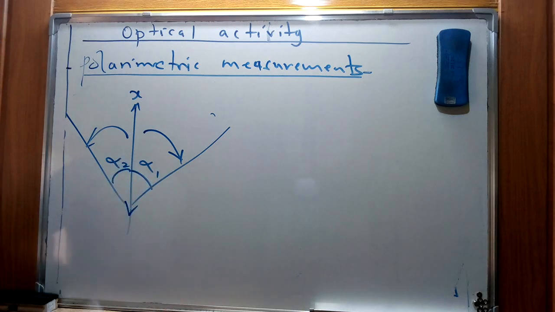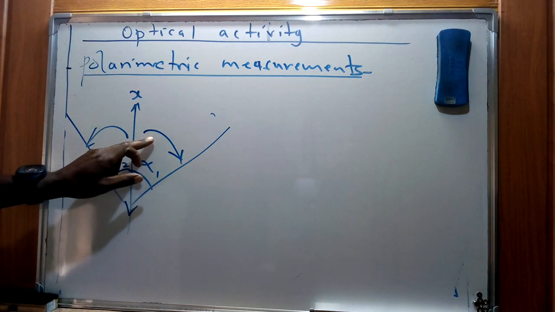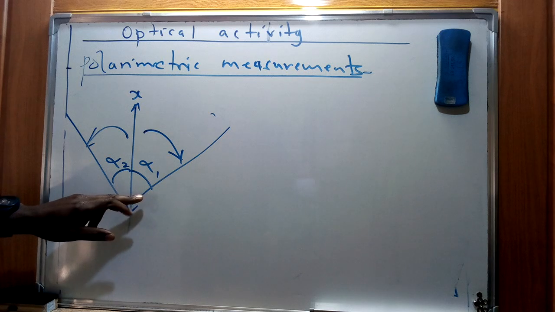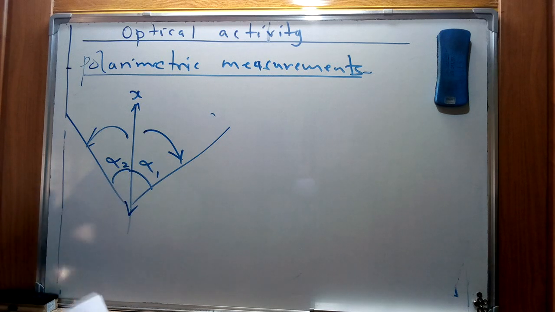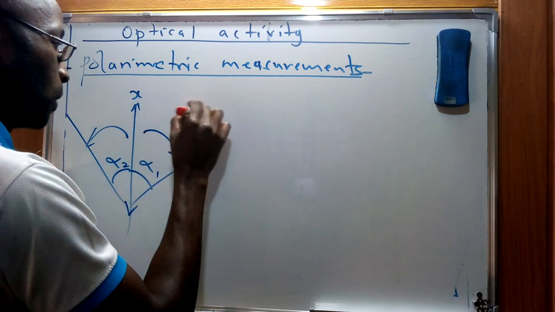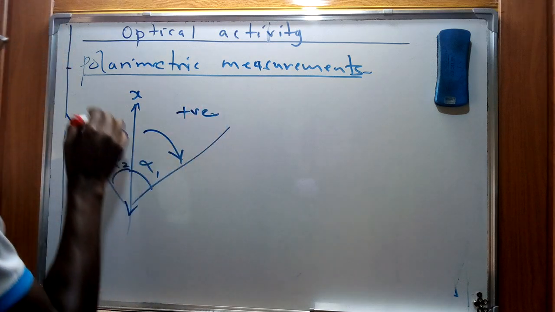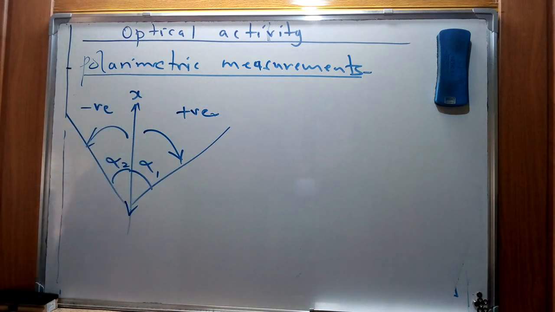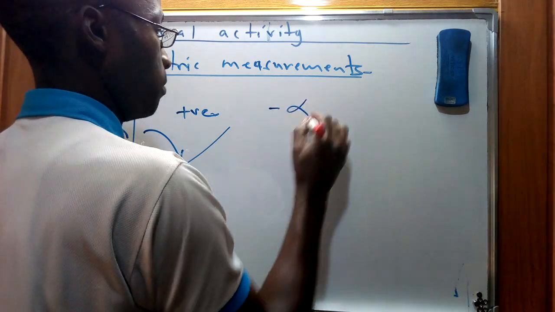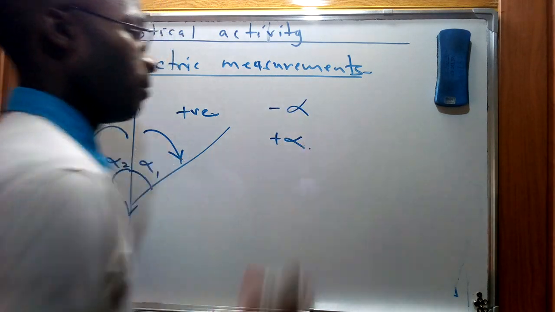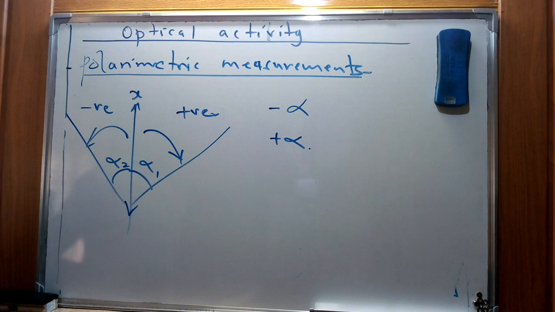If we describe the rotation, to the right is given a positive sign, and to the left is given a negative denotation. Whenever we write alpha followed by negative or positive, we understand that this refers to the direction of rotation.